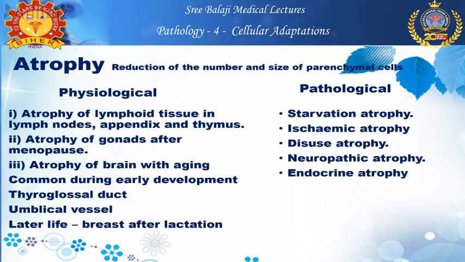Neuropathic atrophy: the best examples are poliomyelitis or even carpal tunnel syndrome, where the nerves are affected, which leads to atrophy of the muscles. The final one is endocrine atrophy. Here the best examples are hypothyroidism or hypopituitarism, where there is atrophy of the thyroid or pituitary and other organs.